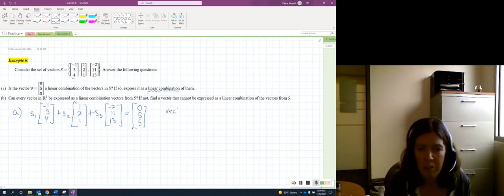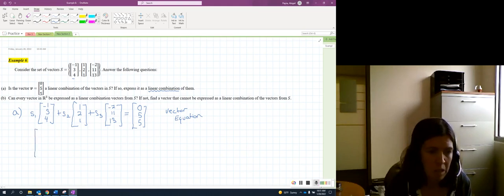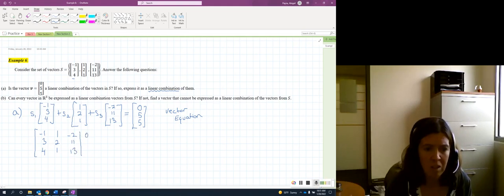So here we've got a vector equation. Now in this section, there's a discussion of why exactly a vector equation of this form would be equivalent to the augmented matrix with these vectors in S as the columns, augmented with this 0, 5, 5.